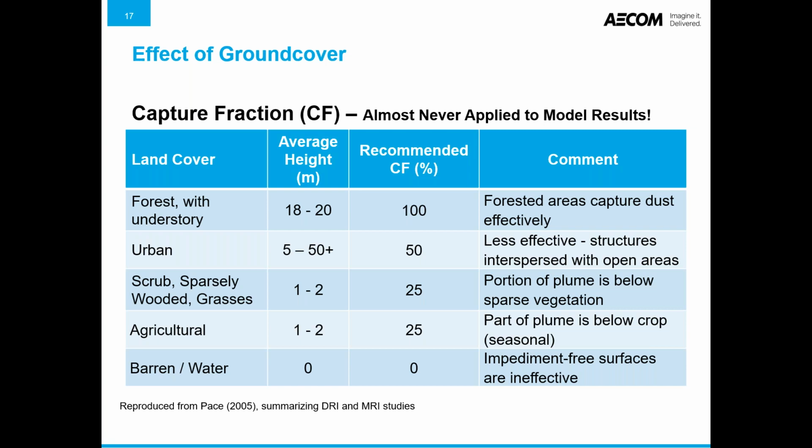Looking at the top row, if you've got relatively tall trees, you can effectively assume that the entire plume is depleted. What we don't know very well is what the depth of that forest must be before that happens. I think Piotr and I think that it's probably a few hundred meters.